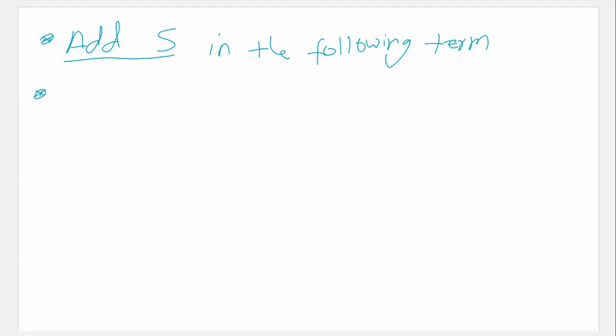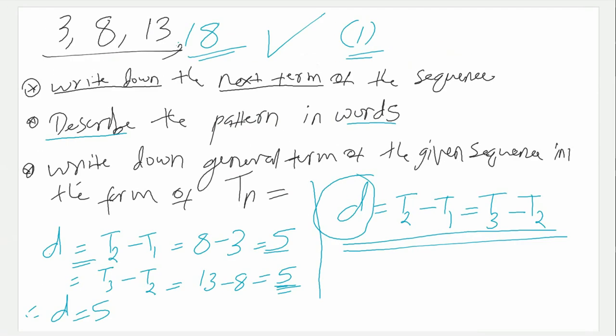And then our main thing to focus on is this one. Write down the general term of the given sequence in the form of Tn. So what does that mean?